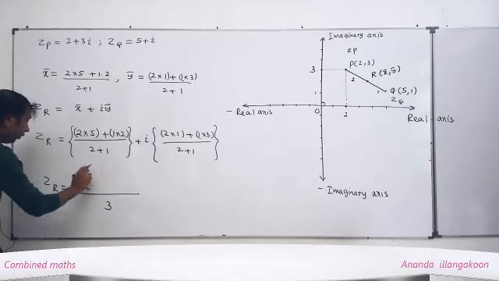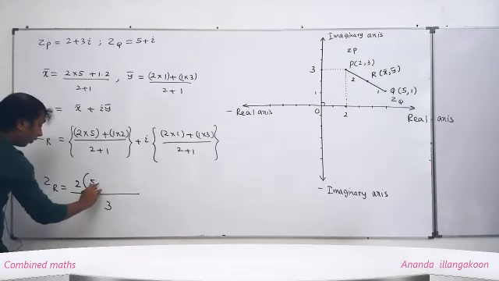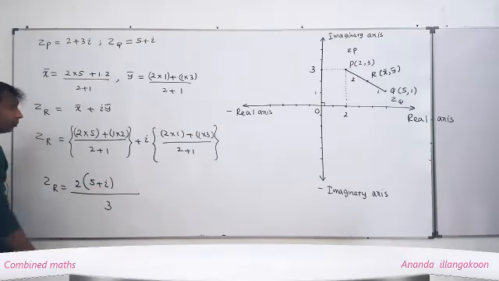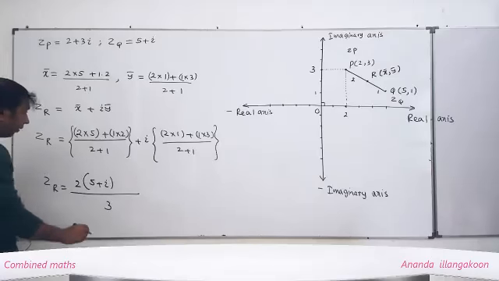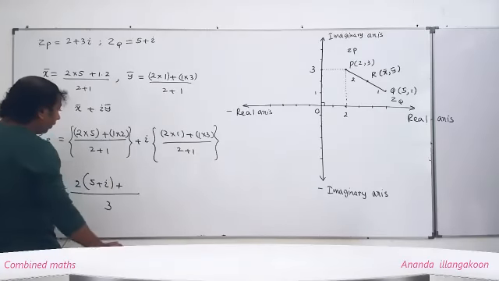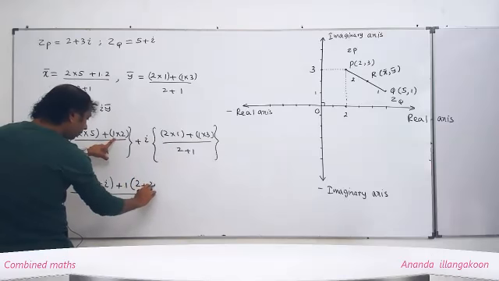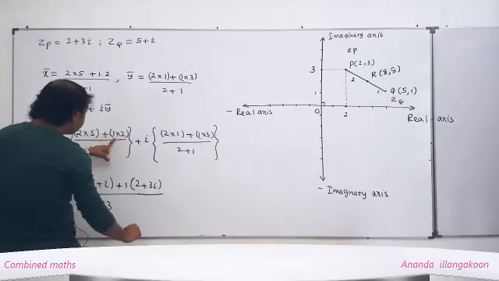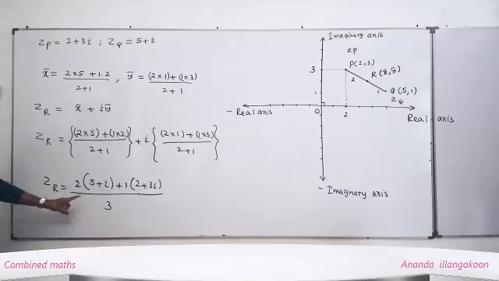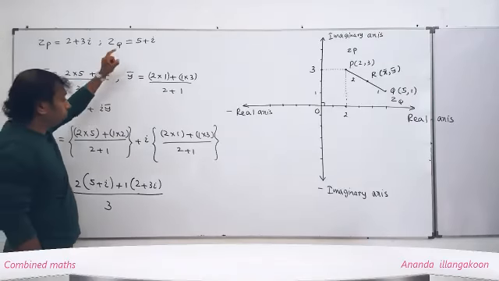So what do you get here? 5 plus there i. And here 1 and here 1 I take out. 2 plus 3i. 5 plus i is nothing but Z cube.